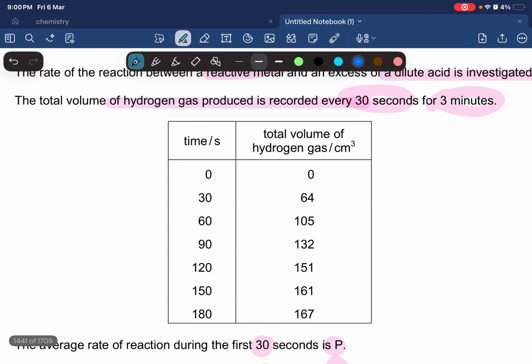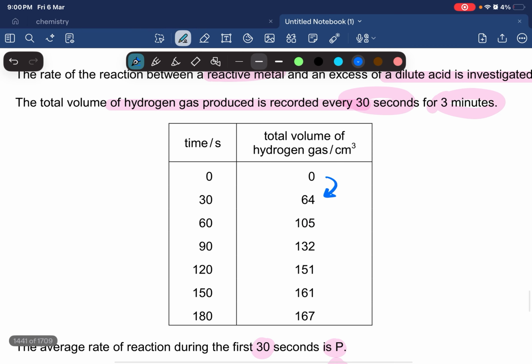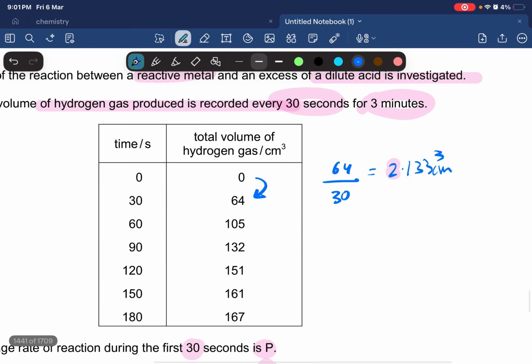Rate of the reaction is the change in volume, which in the first 30 seconds is 64 minus 0, divided by 30. 30 is the seconds that we're dealing with. So 64 divided by 30 is going to give me the rate for the first 30 seconds. The rate is 2.133 cm³ per second.